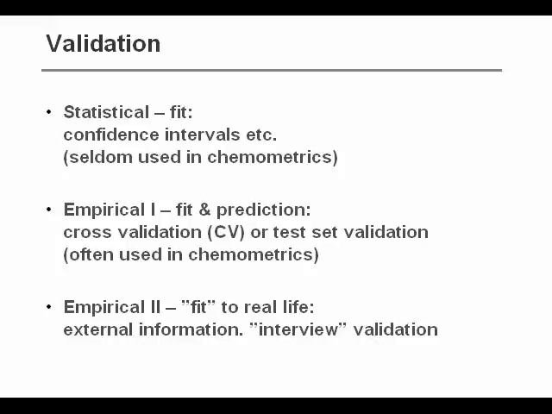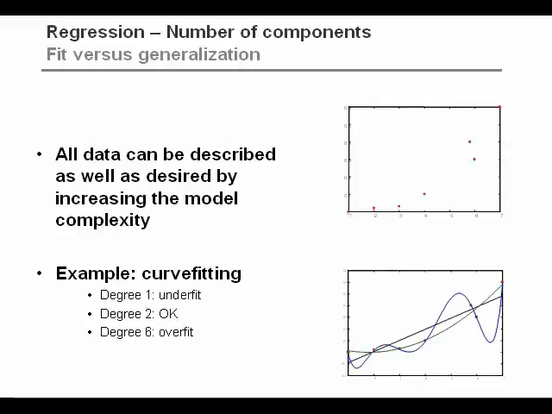Making sure that your model is explaining what you expect to be seeing in the data, or confronting experts with what the model is showing. Such validation can be crucial for building correct models, but it's difficult to put into numbers and figures. In this part we will mainly talk about the middle kind of validation, cross-validation and test set validation.